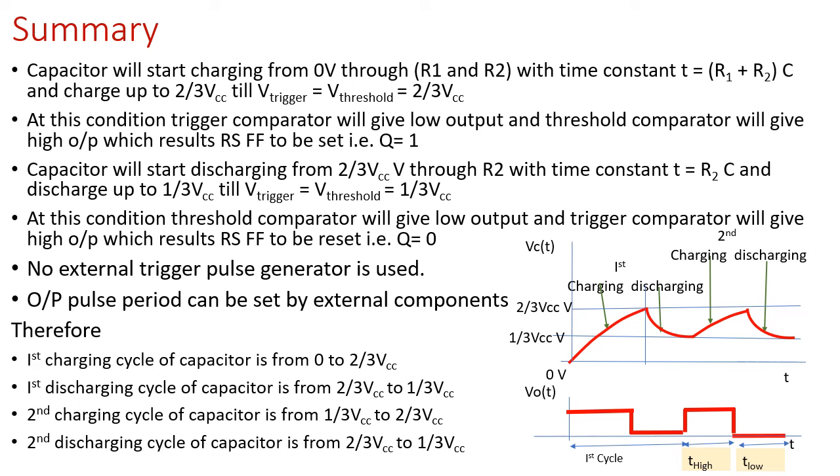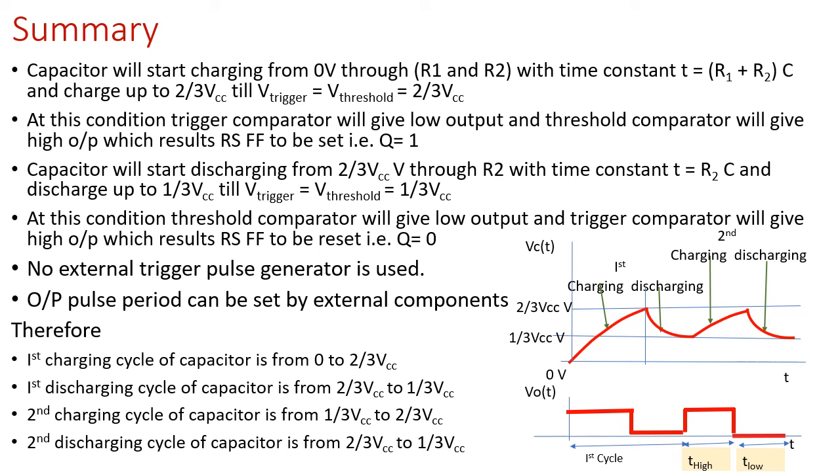Why am I talking in terms of first and second charging cycles, or first and second discharging cycles? Because in the first cycle the capacitor starts from 0 volt, but once it stabilizes, it only charges and discharges between two levels, 1/3 VCC and 2/3 VCC.